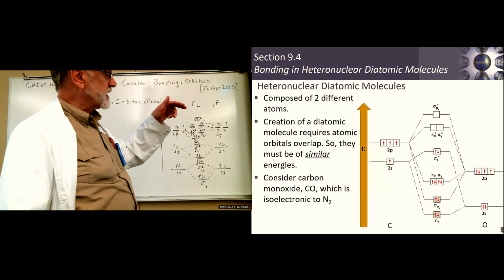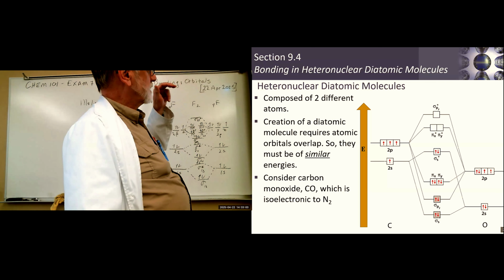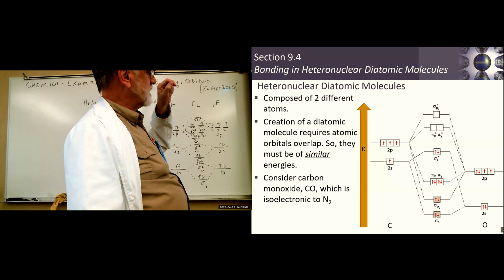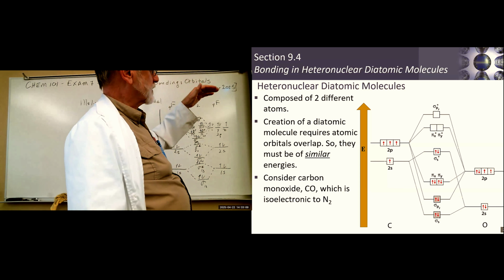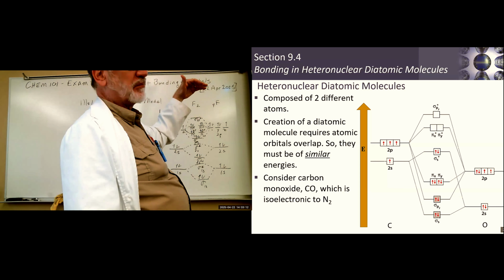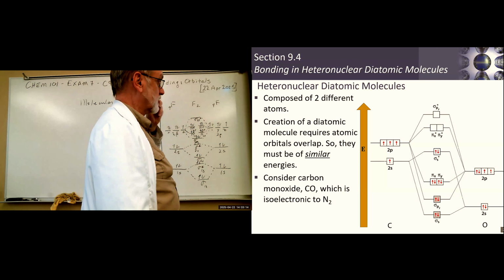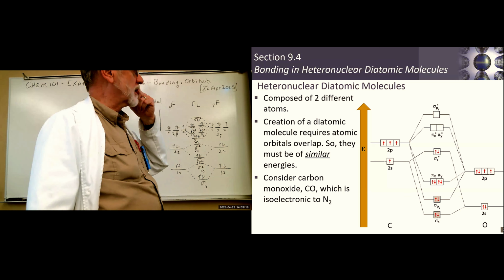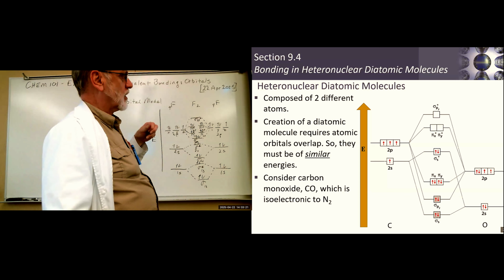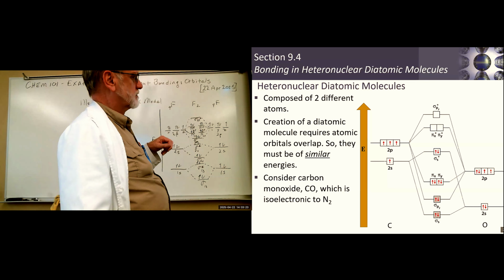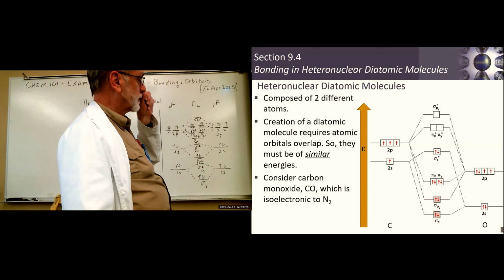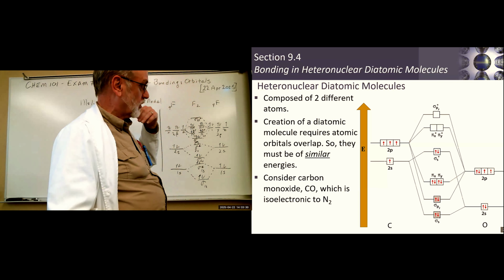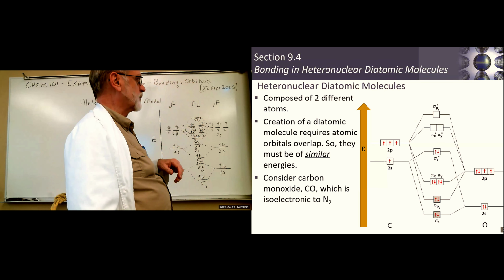But what we see here is that we don't have mixing because the sigma is below the pi bonding orbitals, right? There's no mixing here. So we're assuming that probably because the oxygen has such a high nuclear charge that the mixing doesn't occur. So the order is the same, and then we just fill the orbitals up as we would expect.